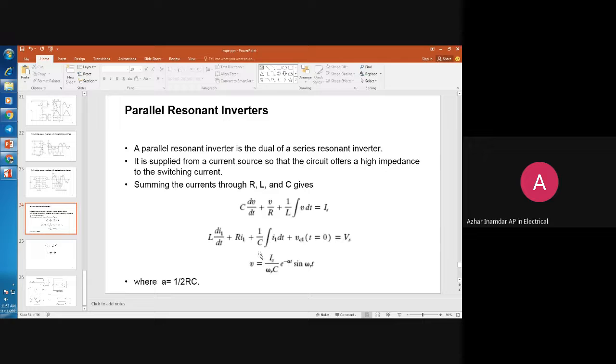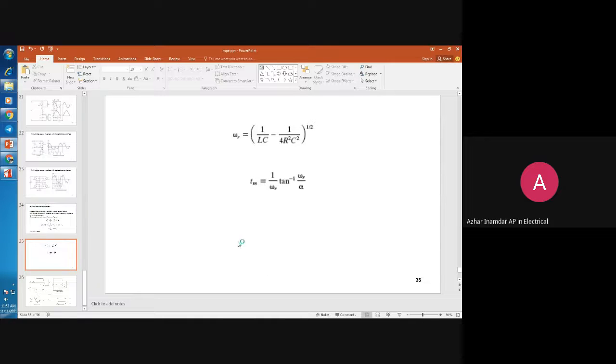Here you can see the resonant frequency omega r, and the Tm. Already we have learned this Tm in case of series. It is very similar to that of the series, only the operation is different for the two.